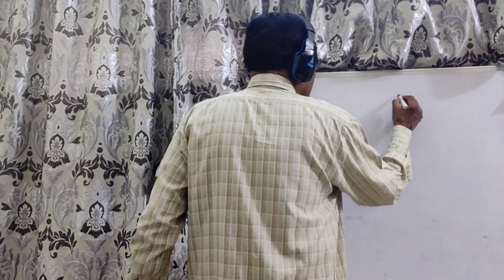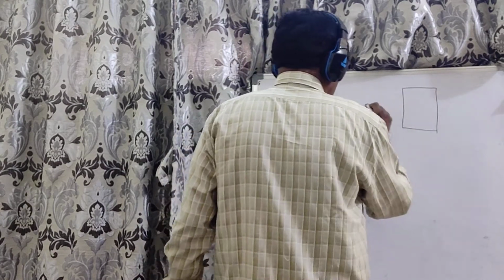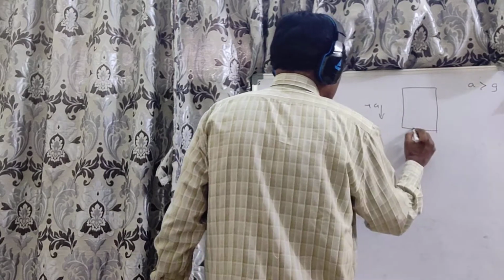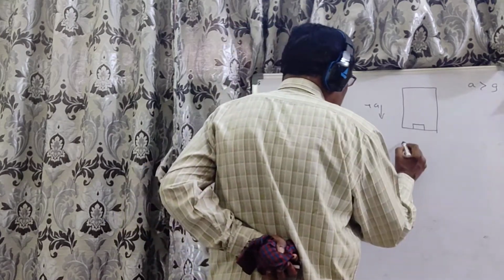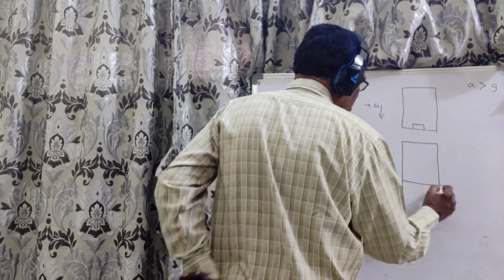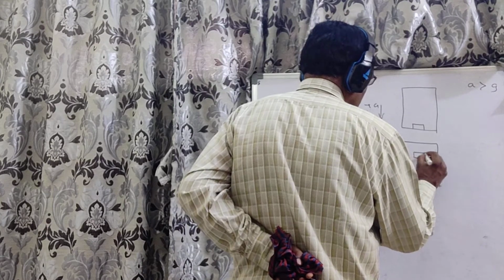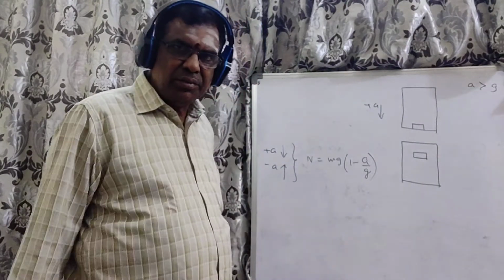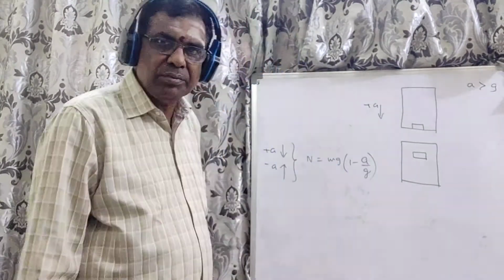But now look at this. Plus a down, but a is greater than g. That means after some time, after time t, there is no contact between these two.